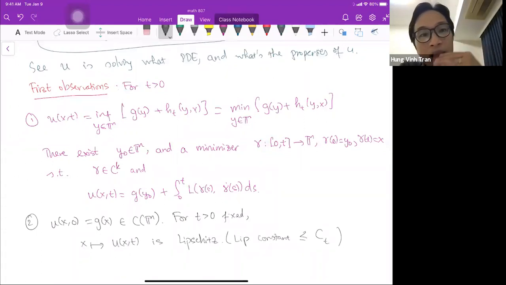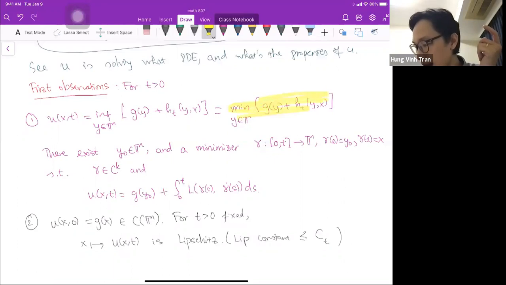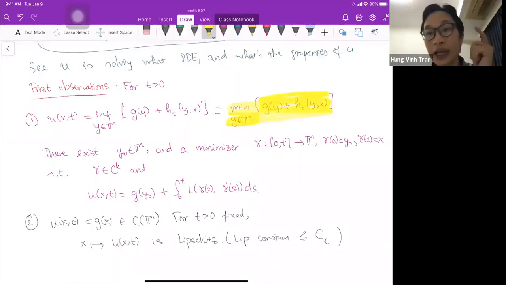You just go up a little bit in time, no matter how much, and u becomes Lipschitz. That's remarkable. And how do you see it? Well, you just write out the definitions. You just need to use the fact that the minimum occurs, compare the values, and use the fact that h_t is Lipschitz with Lipschitz constant c(t). That's enough. Done deal.